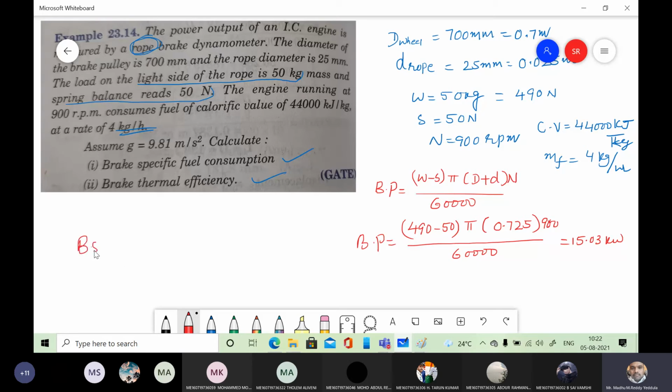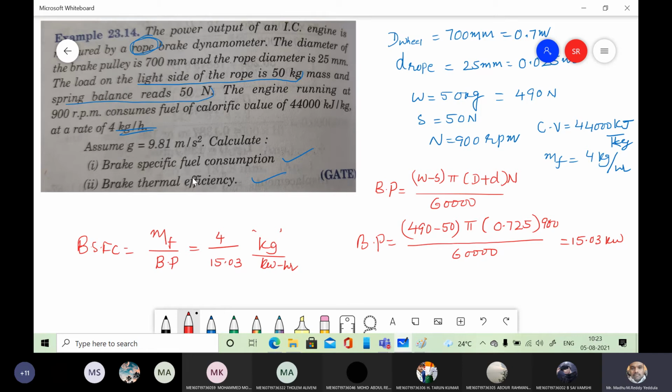What is the formula for BSFC? Mass of fuel to the power developed, that is, mass of fuel to the brake power. So taking mass of fuel as 4 by 15.03, what units do you get? Kg per kilowatt hour. The BSFC units are kg per kilowatt hour.